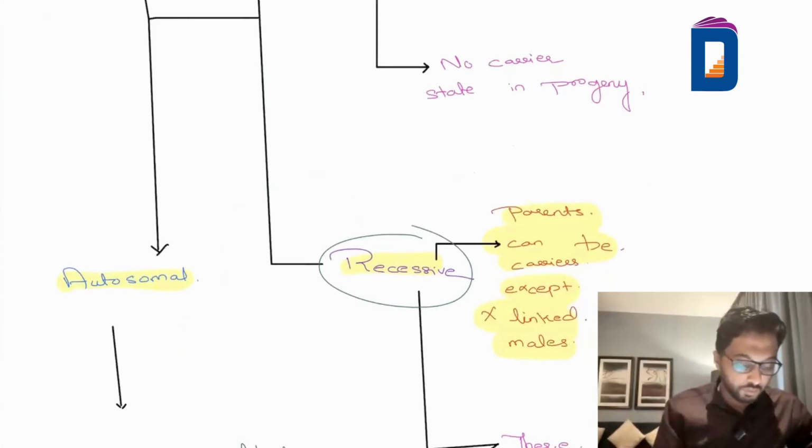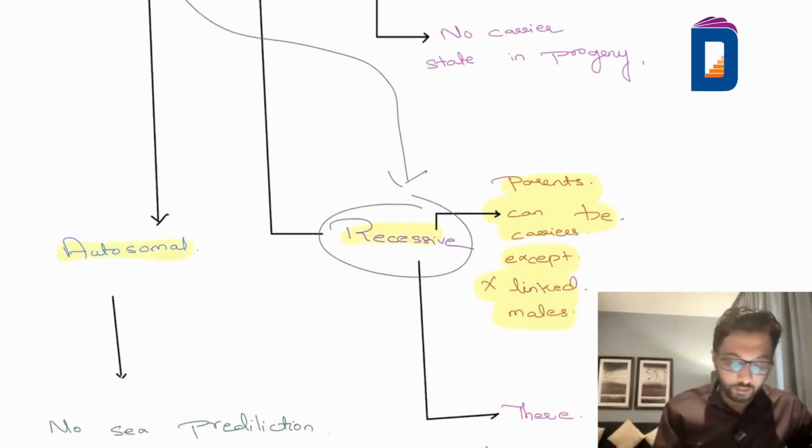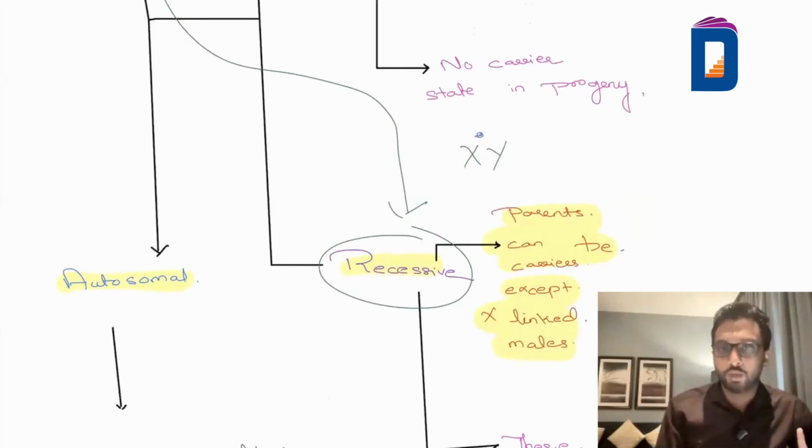But when it comes to X-linked recessive, there's one thing you have to note: here males can never be carriers, because I told you males are X, Y. So even if it's a recessive trait, the males are going to express it because they have only one X chromosome. So the male parent, whether it's dominant or recessive, will have the disease when it comes to X-linked.